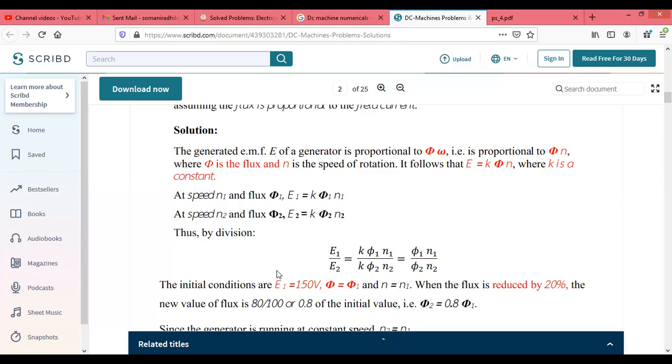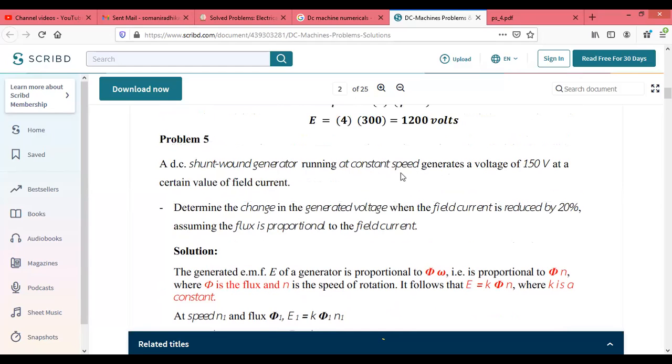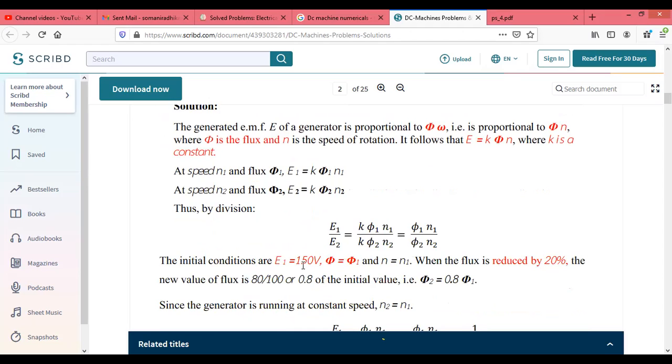But what they have given is the voltage as 150 volt. We are supposed to consider a DC shunt motor which is running at constant speed and generates 150 volt. So you can take E1 as 150 volt.